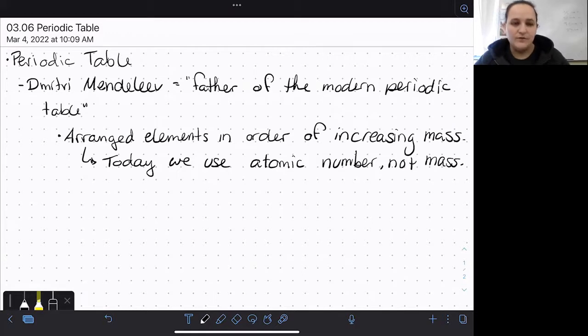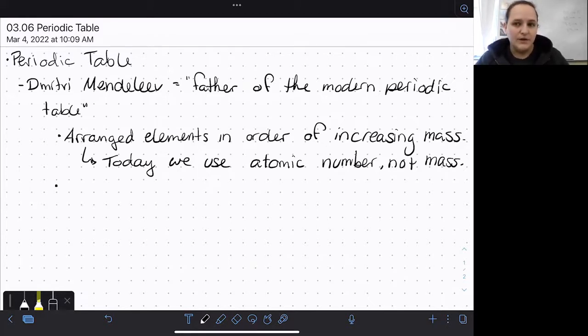And the thing that really set Mendeleev's version of the periodic table apart from his peers at the time was that Mendeleev was single-mindedly focused on making the patterns work. He saw these patterns, that certain elements seemed similar to other elements, and other people saw, oh, well, the trends aren't perfect, such is life.